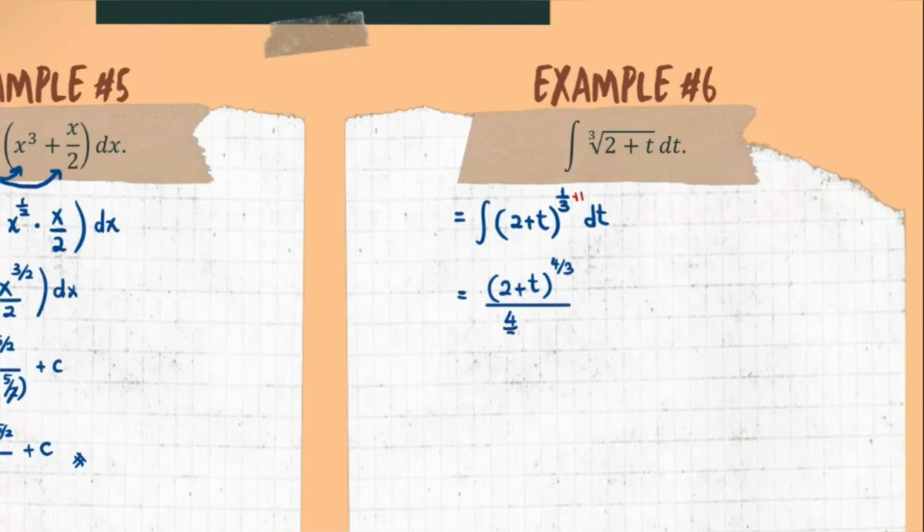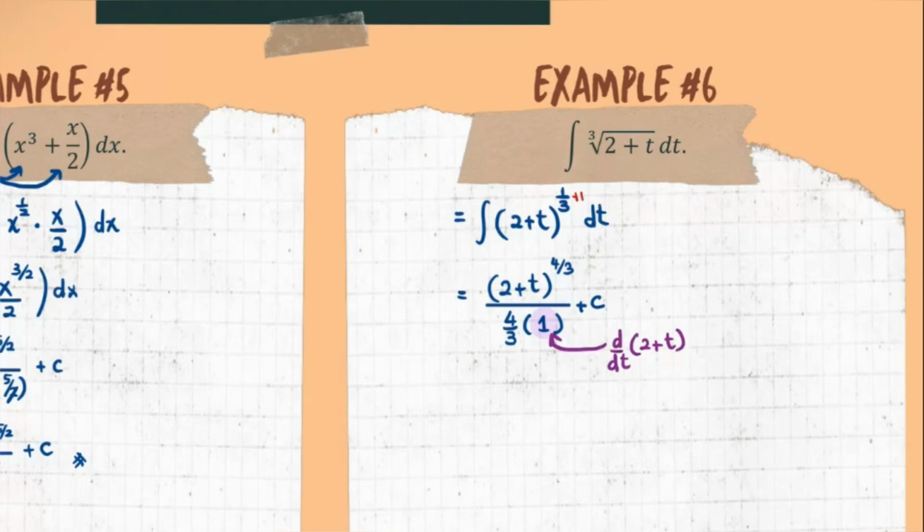4 over 3 multiply by, okay, differentiate 2 plus t. Differentiate 2 plus t, kita dapat 1 plus c. Okay, ini saya tulis 1 ini datang daripada d over dt of 2 plus t.